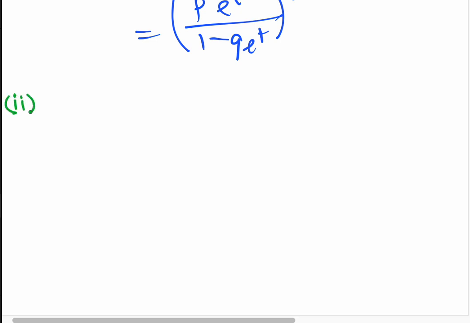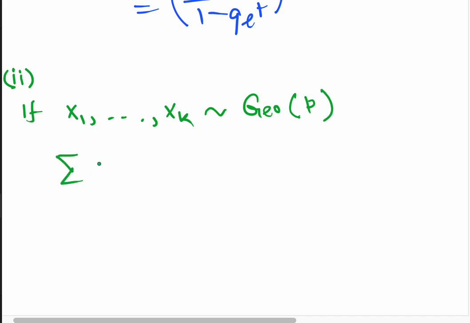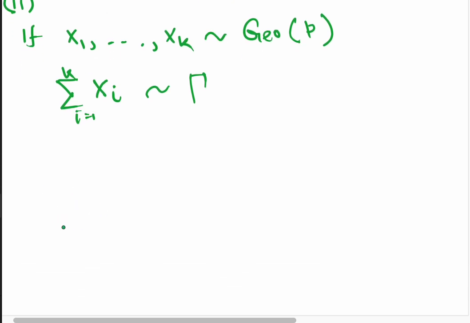The second statement is the following: if x1, ..., xk follow a geometric distribution with some parameter p, then the summation of xi for i equal to 1 to k follows a gamma distribution, not a geometric distribution. So the second statement is not true. Now let's move towards the third statement.